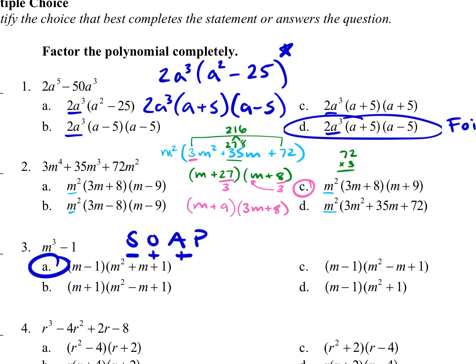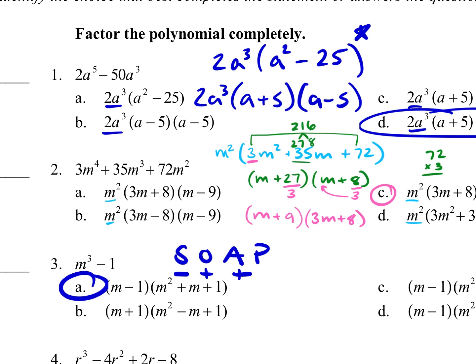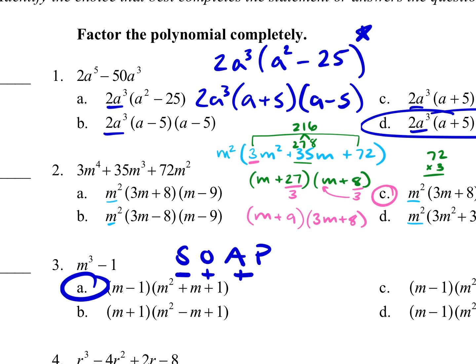This one's a little bit tricky because it has big numbers. If you're looking at it and you're like, I have no idea how to factor this, look at your answer choices. Looking at the question, we have 3m to the 4th power plus 35m to the 3rd power plus 72.